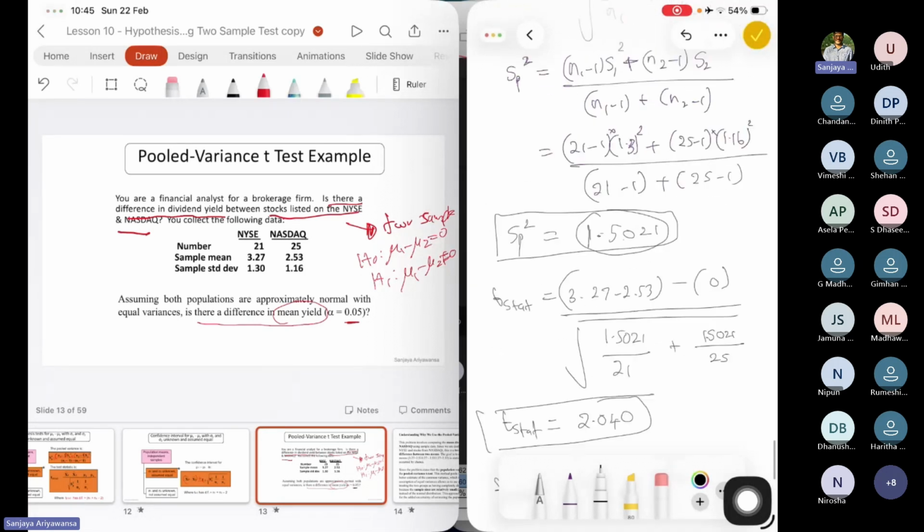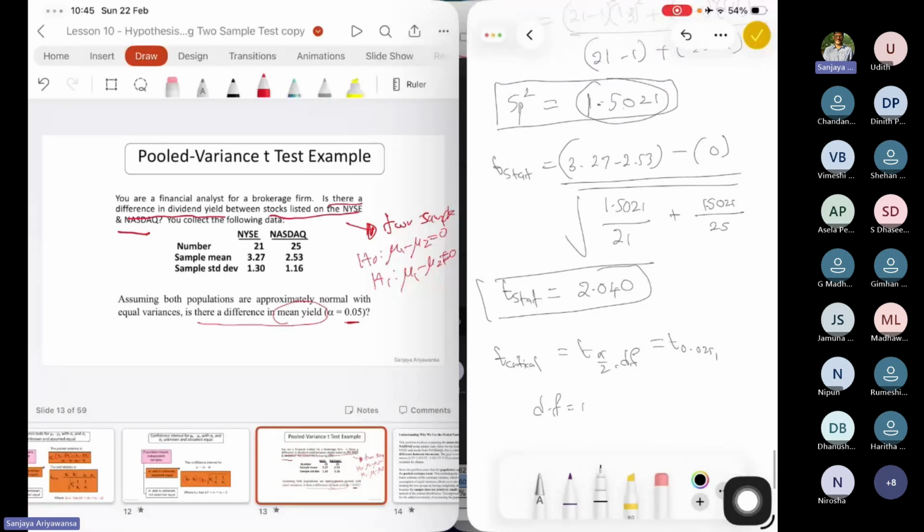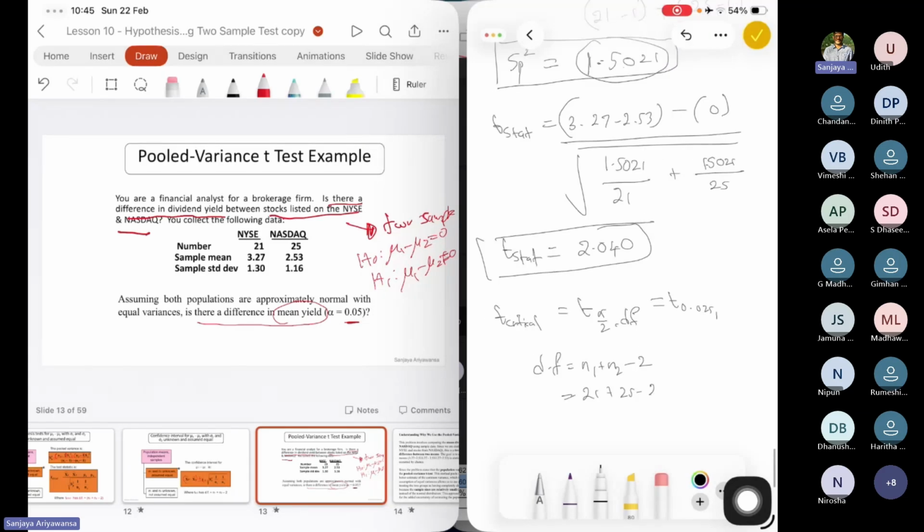Degrees of freedom? Oh, we didn't calculate the degrees of freedom. So degrees of freedom is n1 plus n2 minus 2. n1 is 21 plus 25, which is 46, minus 2 is 44.